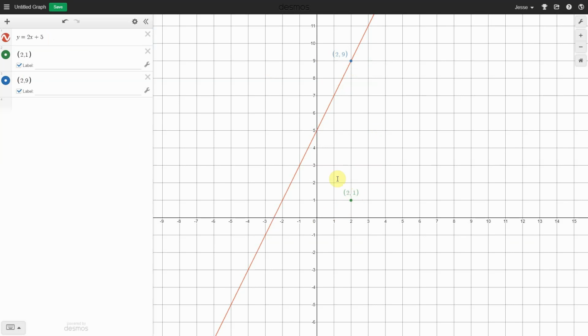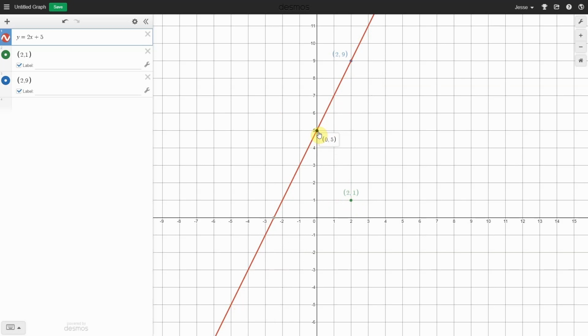That's cool, but it's not on the line, so therefore it's not a solution. Okay, so right off the bat, if I ask you to find solutions to an equation, you can just graph it and then choose any point you want on the line. As long as it's on the line, it will be a solution. Okay, any point off the line or not on the line is not a solution.